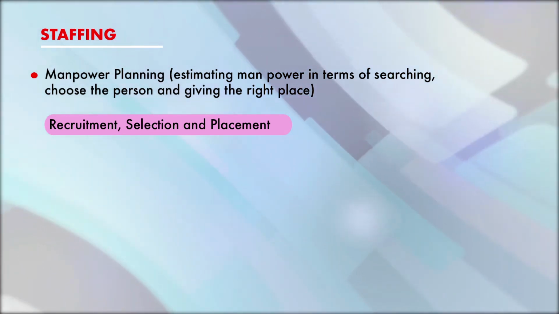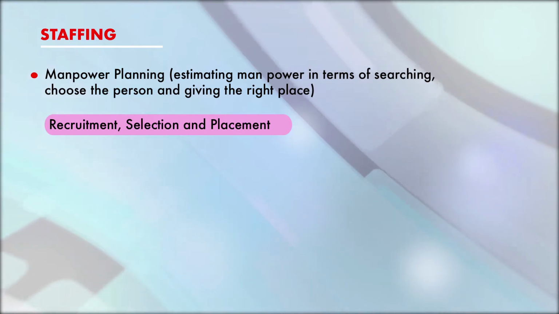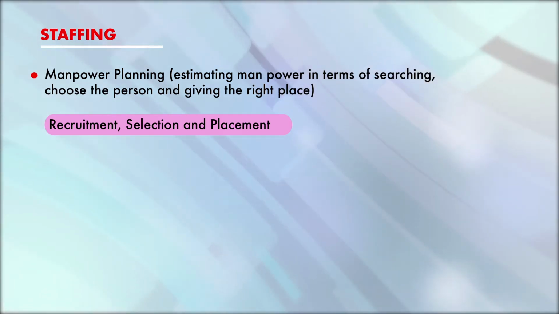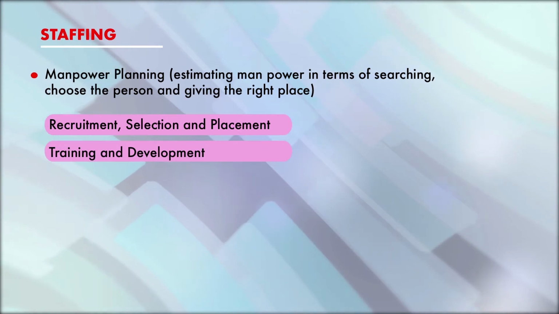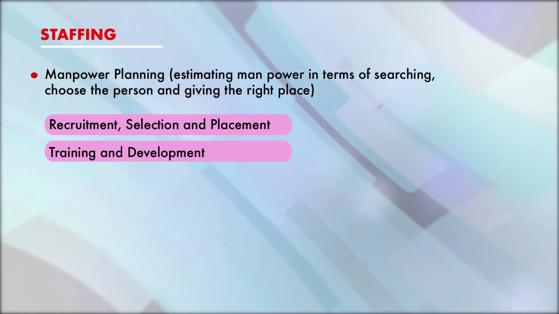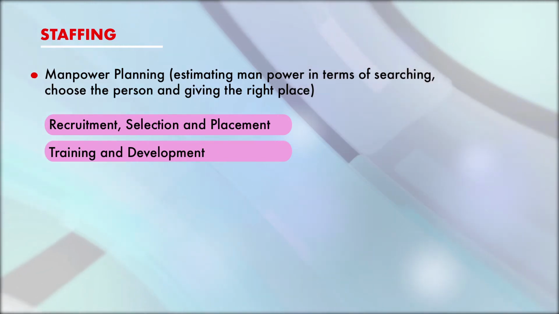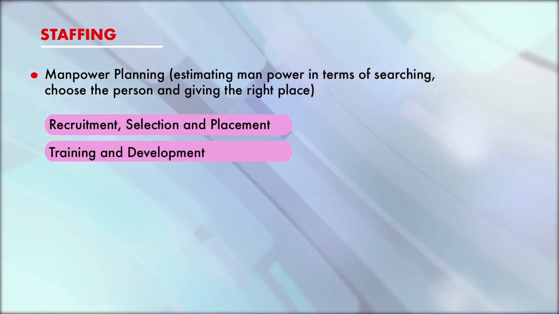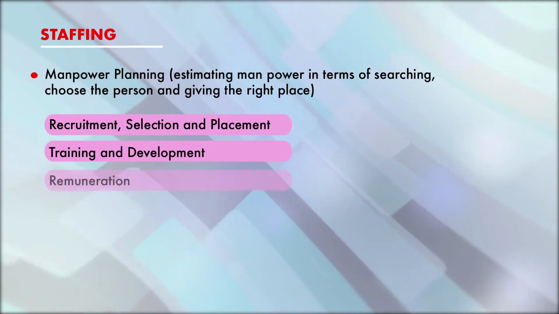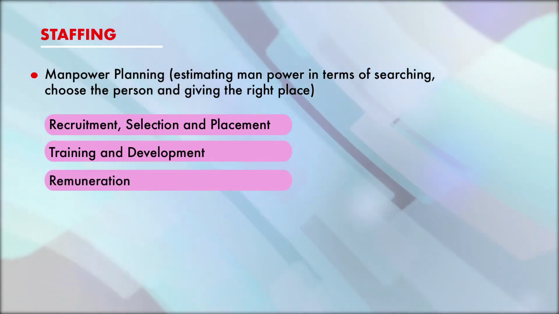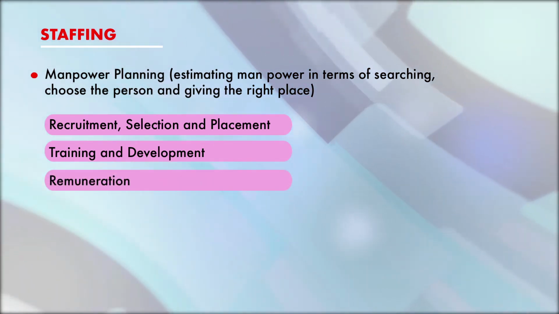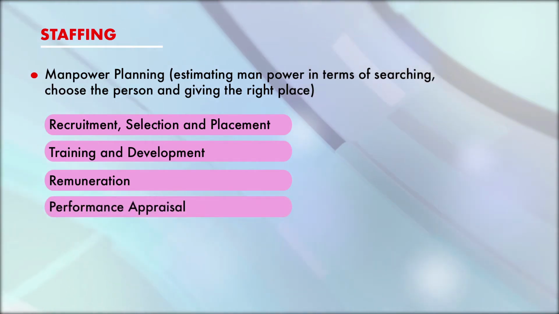After selection, we have to place that staff member in the organization. Then comes the training and development part. It is also very necessary because we have to keep our employees up to date with the changing situation. Fixing the remuneration for the staff and doing their performance appraisal also.